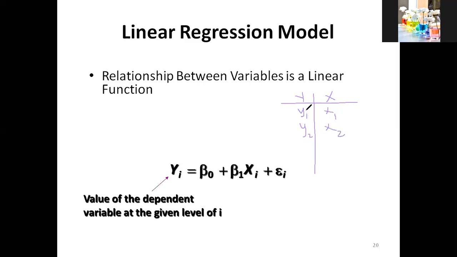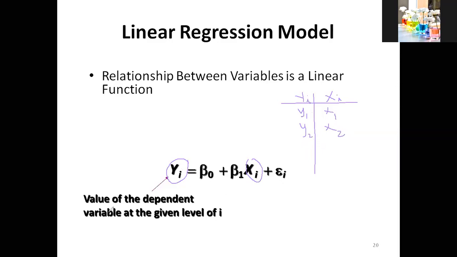In general terms, we call it the yi value and xi value. Each observation y1 relates to x1, and similarly xi. I can take any values in the data.